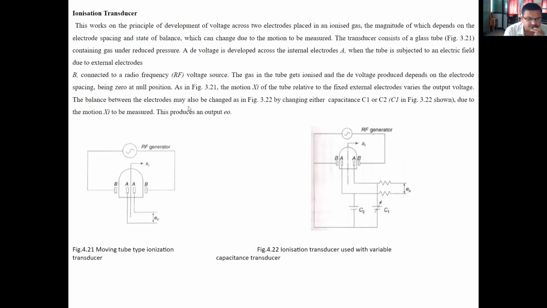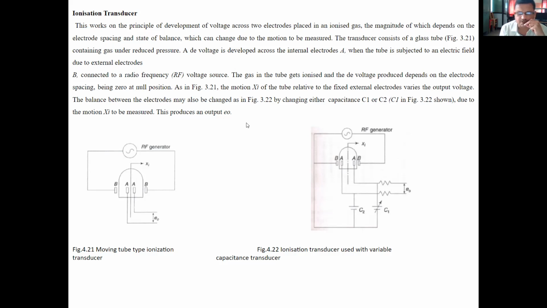The balance between the electrodes may also be changed as in figure 3.22 by changing either capacitance C1 or C2. Here C1 is changed due to the motion xi to be measured.